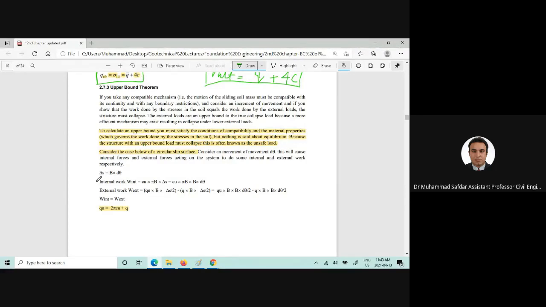Now, if we want to get the upper bound, in case of the upper bound, the true failure load will be less than the load corresponding to a mechanism, or we can call that the upper bound condition.